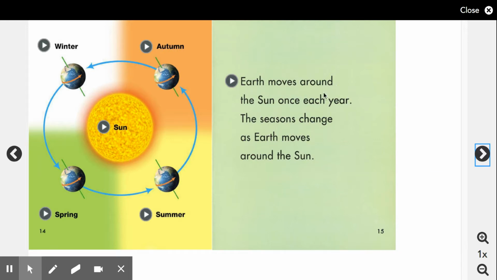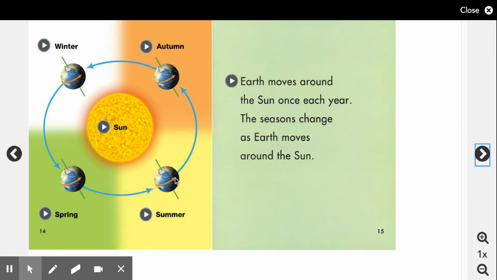Earth moves around the sun once each year. The seasons change as Earth moves around the sun. And over here we have a diagram. Winter, autumn, spring, summer. So let's check this. As the Earth rotates around the sun and it moves around, it goes through the seasons.